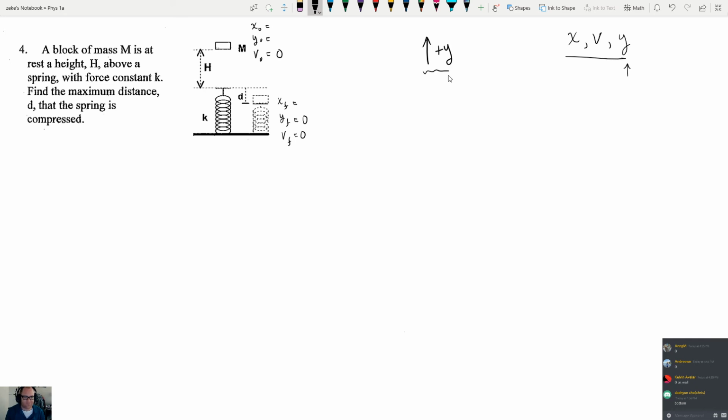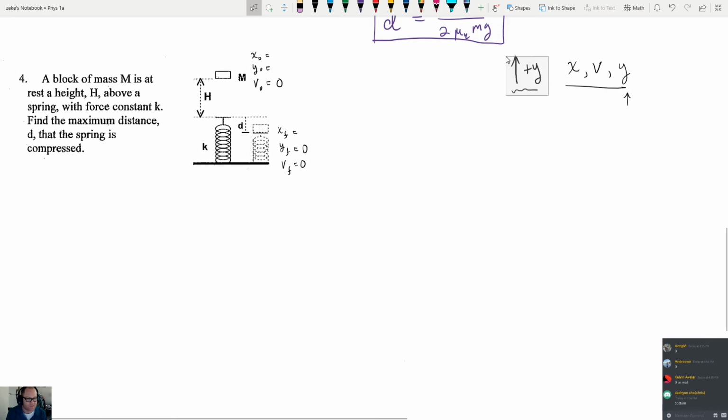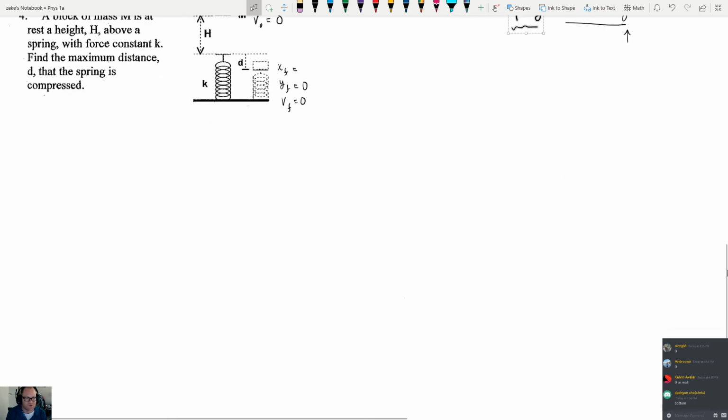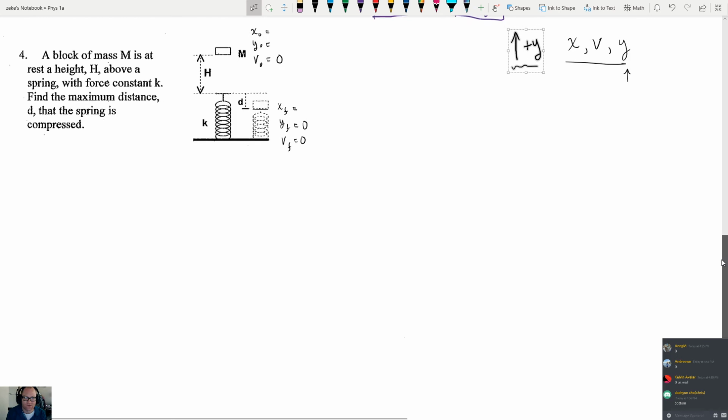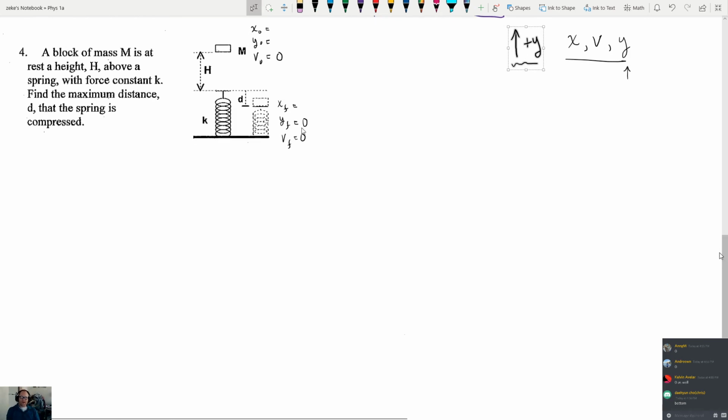I could be completely wrong about this, but I'm pretty sure you have to do this in these type of problems, or else you have to redefine what potential energy is, okay? So from now on, always make y positive up, which is the natural thing you would do anyway, but be sure that you do it. Okay, so if y final we define to be 0, we're fixing this point, this lower elevation here, to be y equal to 0. What would y initial be in terms of the variables given in the problem?